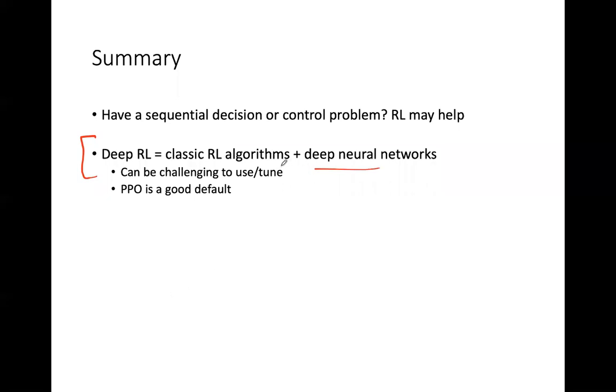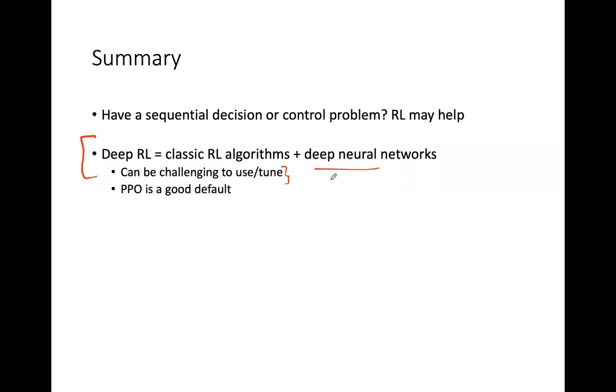They can be somewhat challenging to use and tune. They have a lot of hyperparameters, and the learning can be somewhat brittle. And what that means is that sometimes this can be sort of an exercise in frustration, finding just the right hyperparameters to make things work.